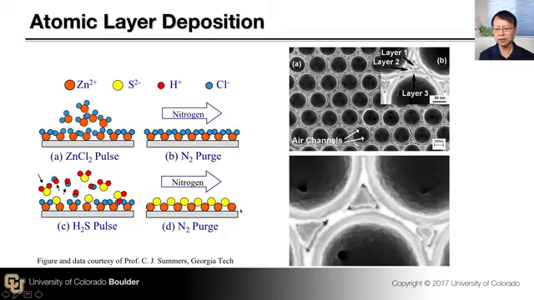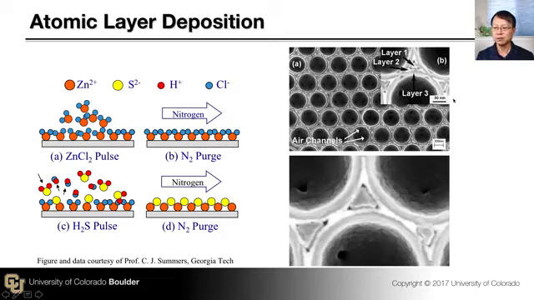Once again, the chemistry limits itself to one atomic layer, and this process continues to form a high quality zinc sulfide thin film. The advantage of atomic layer deposition is that it can grow a film with a precise thickness, and also it can deposit film on a very complex geometry.